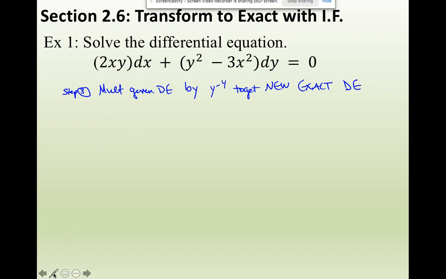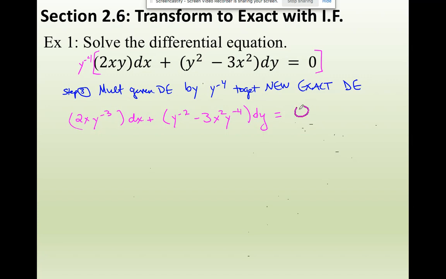So I'm going to get 2xy to the negative 3 plus y to the negative 2. And of course, I'm multiplying by 0 and still get 0.